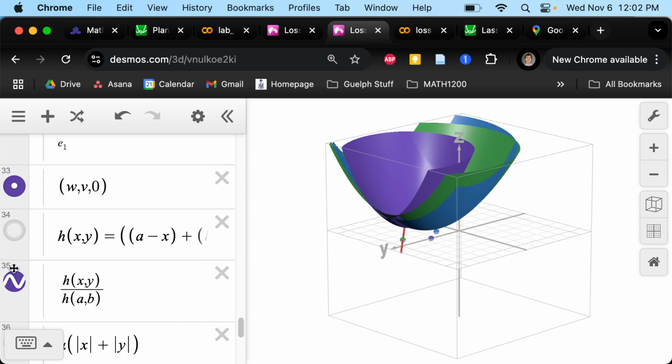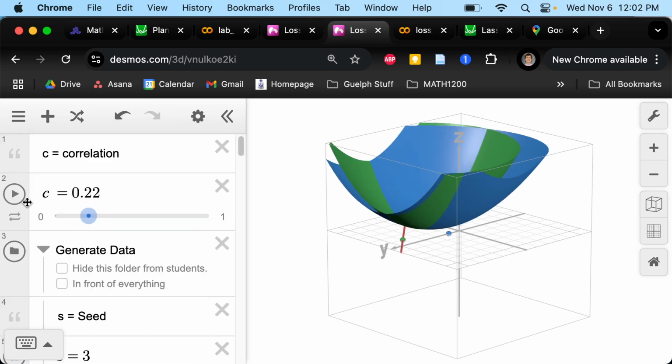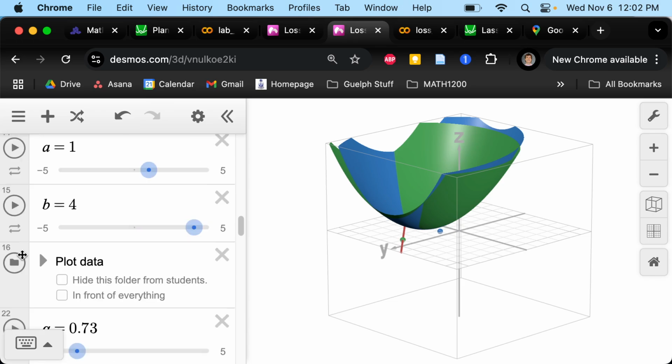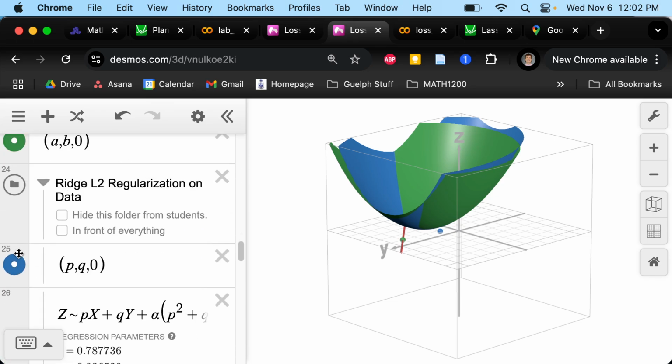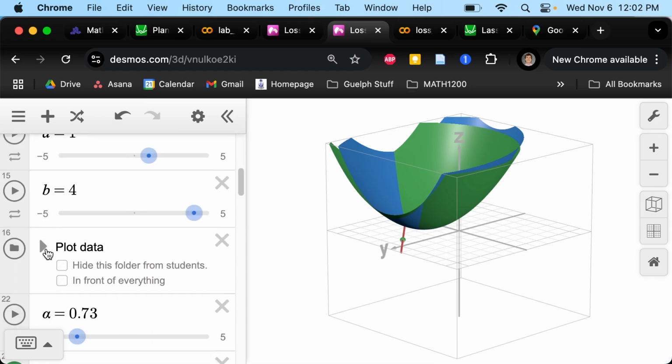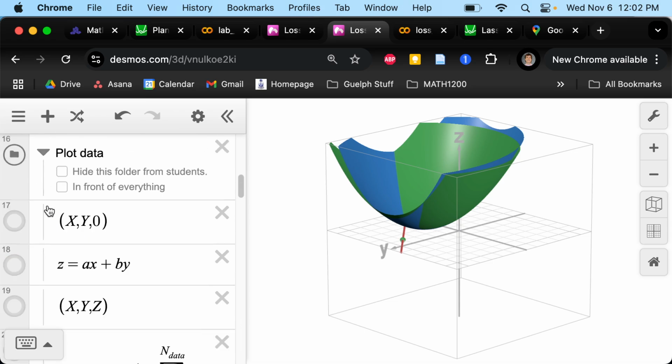Okay, yes. Let me turn off some of these things. Let me turn off the data, and plot data, there we go.